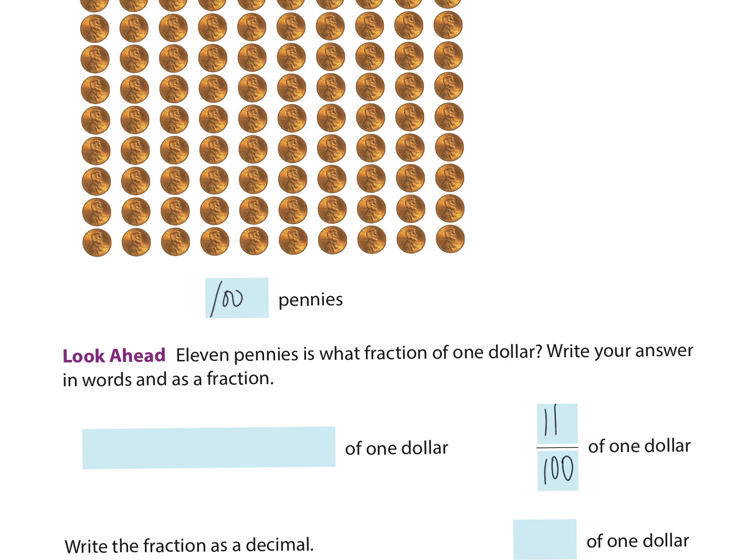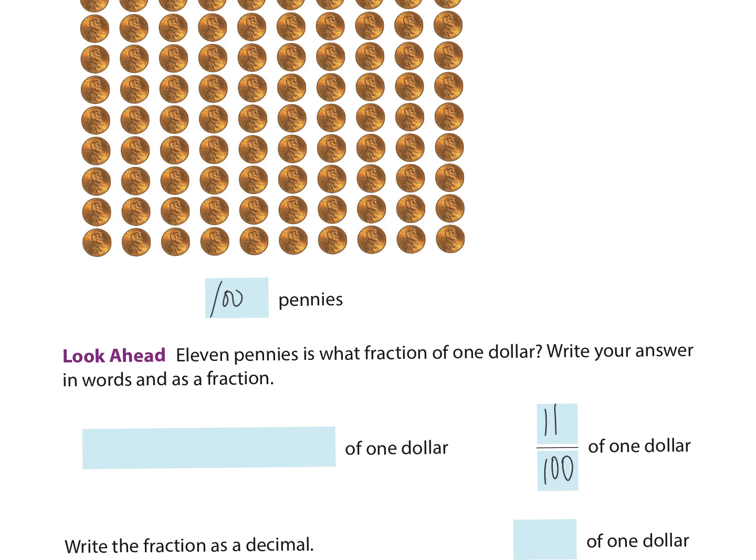Right? So 11 pennies is what fraction of $1? How did I get 11 and 100? How many pennies equals a dollar? 100. So if I have 11 pennies and I'm writing it as a fraction of a dollar, it needs to be 11 over 100.